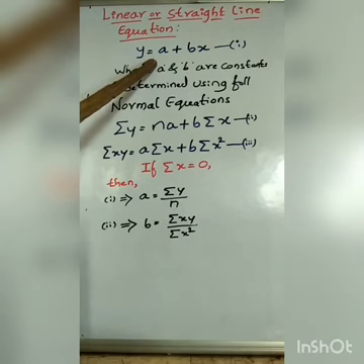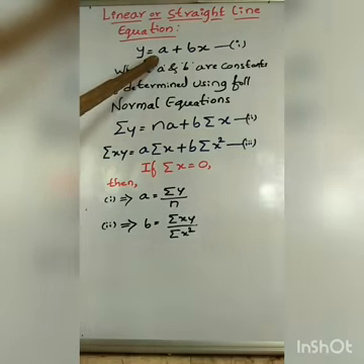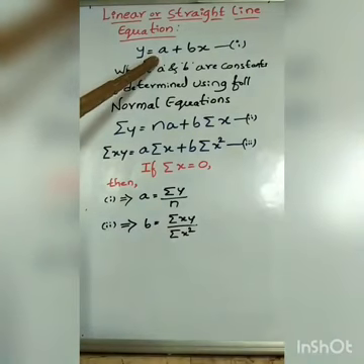When you have practically, it will become n times that particular constant, because no variable is present over here, only a constant is present. If you apply summation, how many times you are adding, those many times multiplied by that particular constant, the result will be.